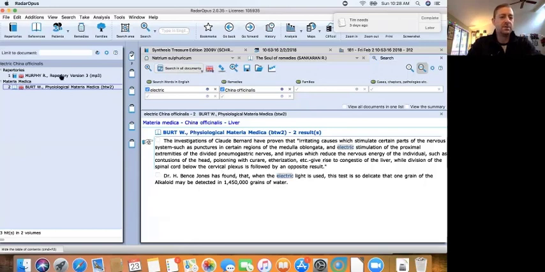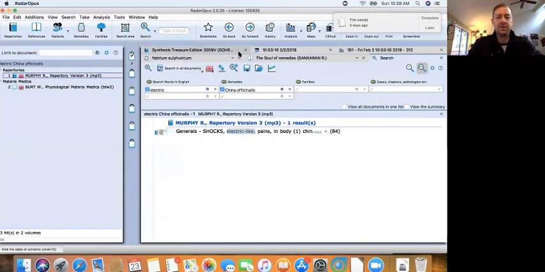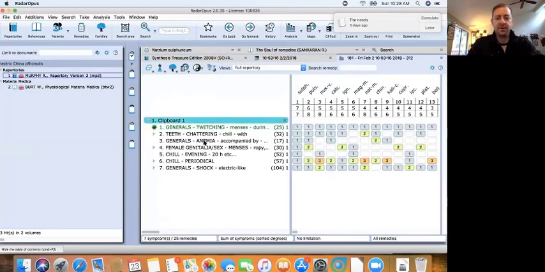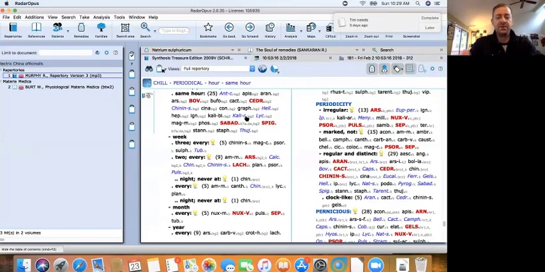No. So Murphy has it, but when we look in the repertory here, general shock electric light, China's not in there. Okay. So I'm giving you guys another strategy that I use, where you have to remember, even though this is Synthesis and it's a combination of different repertories, the repertory is massive.